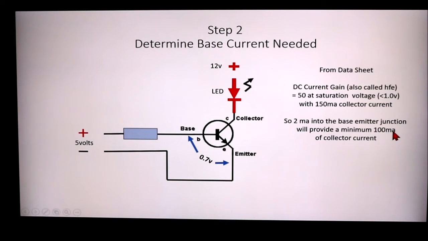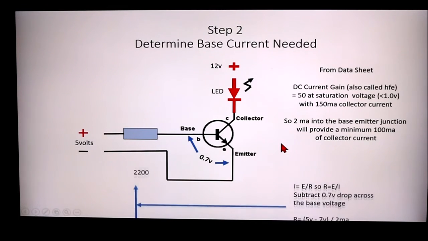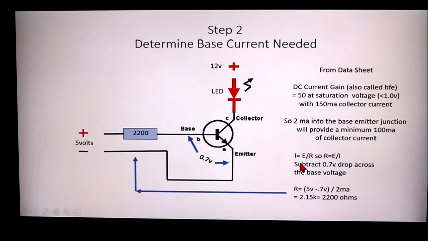How do we get that? We just took 100 and divided by 50, the gain, and we say we need 2 milliamps flowing through this resistor. So all we do is use Ohm's law, I equals E over R, or in this case, R equals the voltage over the current. We subtract the 0.7 volt drop from the supply.